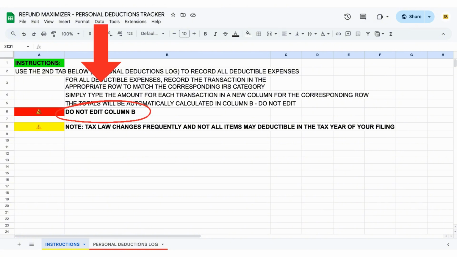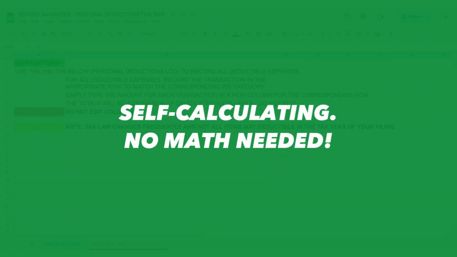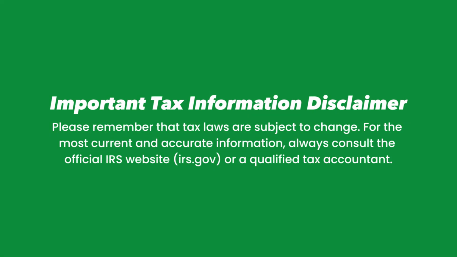Certain columns are already pre-filled with the formulas that you need for this document to be completely self-calculating, no math for you on your end. And also, just know, tax laws change frequently, so always consult IRS.gov or a tax accountant for the most up-to-date information regarding your tax situation.